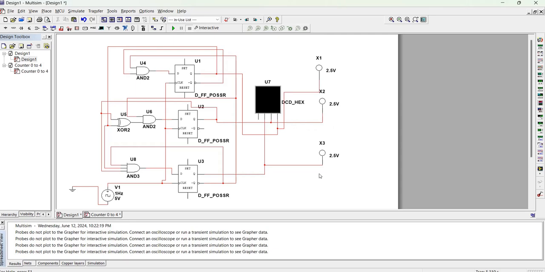So it is time for me to simulate this problem. So let me simulate. Okay, you can see it's counting from 0, 1, 2, 3, 4. It goes back to 0 and on and on. So until you stop it, that's when it will stop.